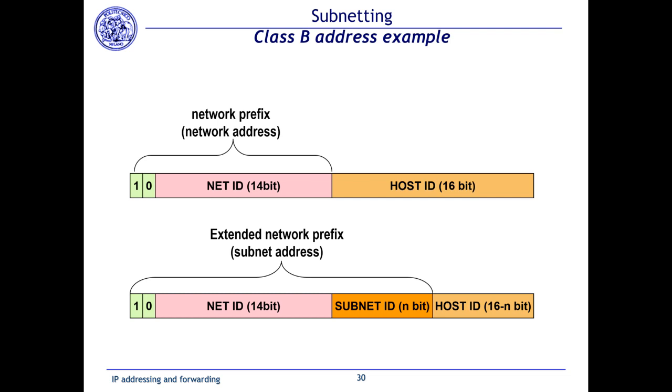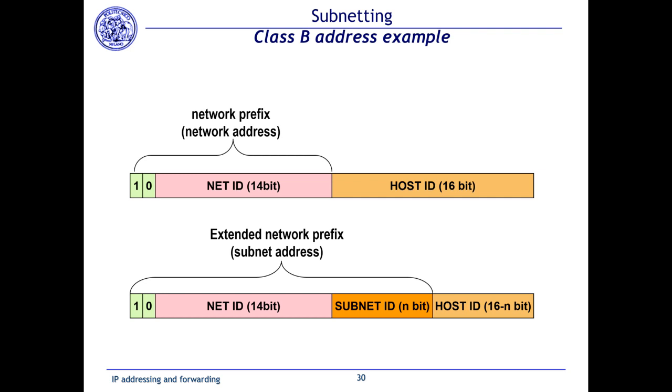When the routers are inside the network, in the subnetted area, they will use an extended network prefix, by extending the original prefix, that is 16 bits, by a number of further bits that are regarded as part of the network prefix. And in this extended part, you have the subnet ID, so the identification of a specific subnet inside the overall network.